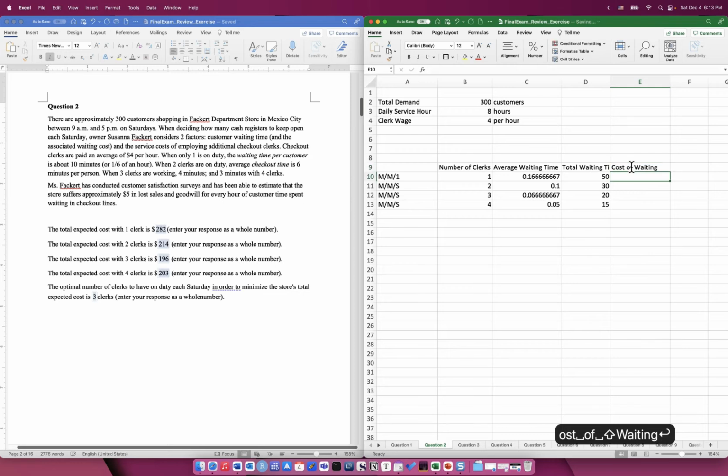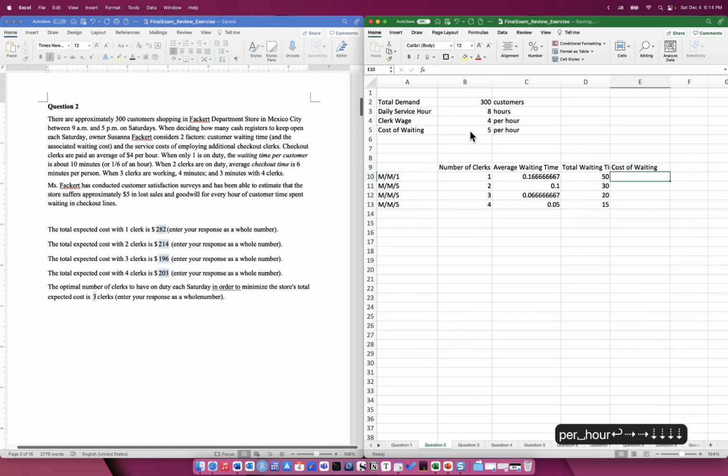Okay, cost of waiting. There must be some cost of waiting, right? Cost of waiting is how much? It says approximately $5 in lost sales and goodwill for every hour of customer time spent waiting in the checkout line. So that's $5 per hour.